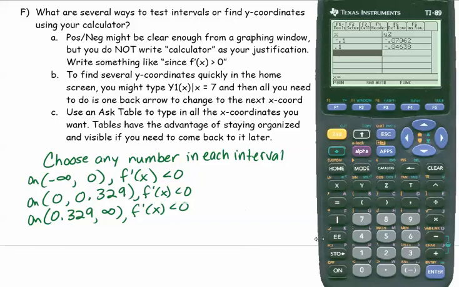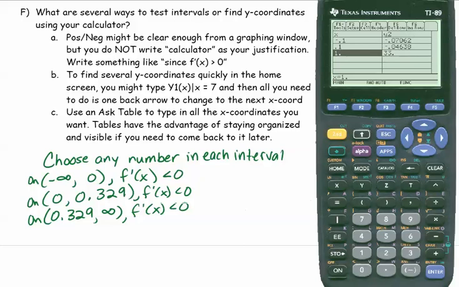And then we tested a number bigger than 0.329, like positive 1. And there's our negative interval, positive interval. So the advantage of the table method is it stays visible, and I can test all of my intervals at once, and then I can transfer my answer onto my paper.